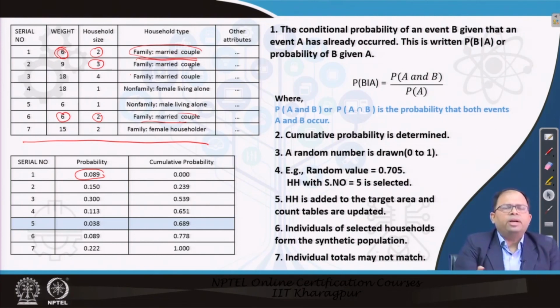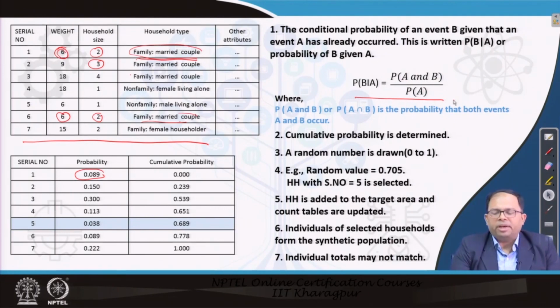Whichever way we want, we can estimate the conditional probability of an event using this equation, where the conditional probability of an event B given that an event A has already occurred can be written as P(B|A), or probability of B given A, where we take the probability of A and B divided by the probability of A. Probability of A and B means the intersection between A and B.